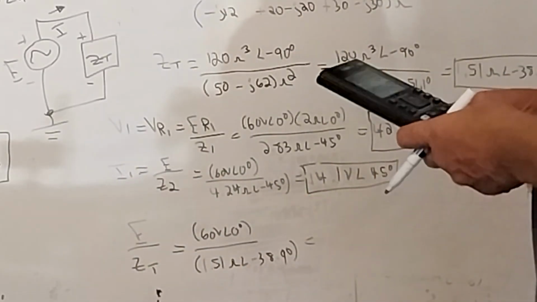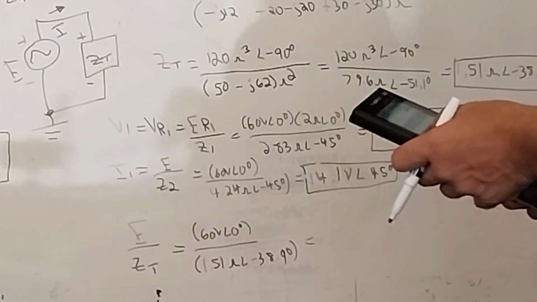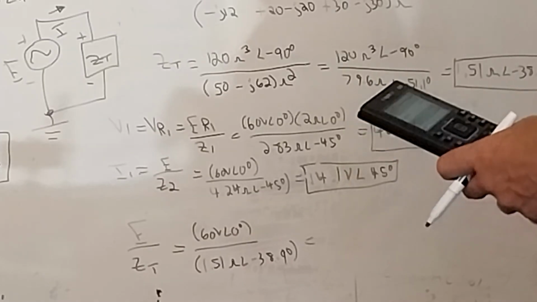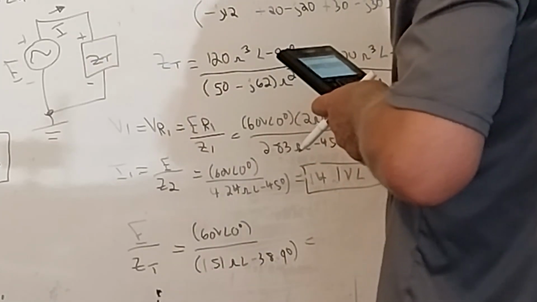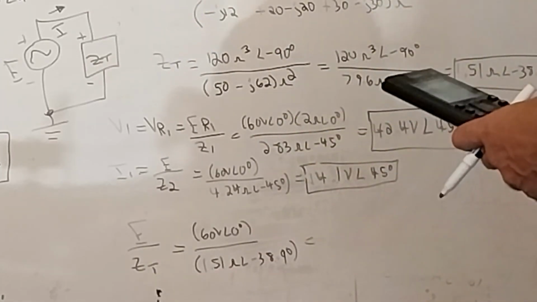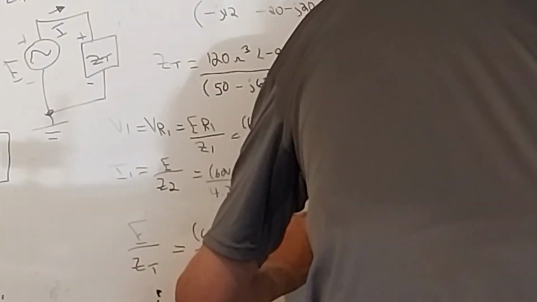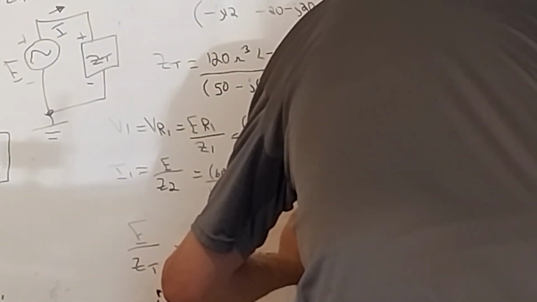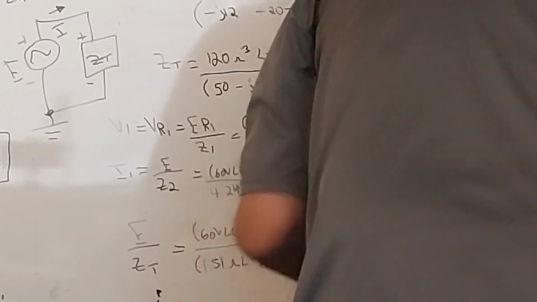So the total current flowing through the source is 39.7 amps at an angle of 38.9 degrees.